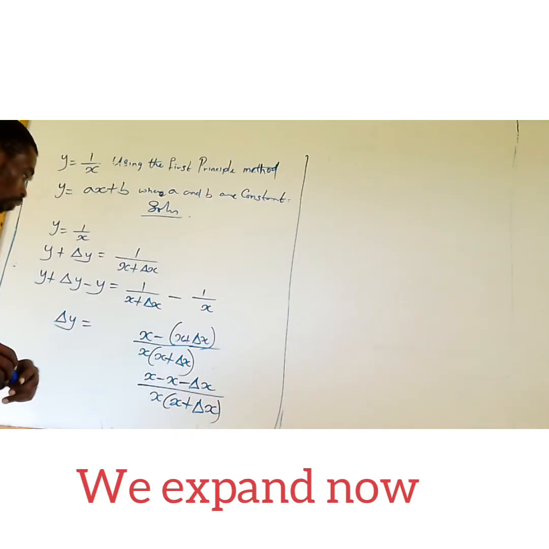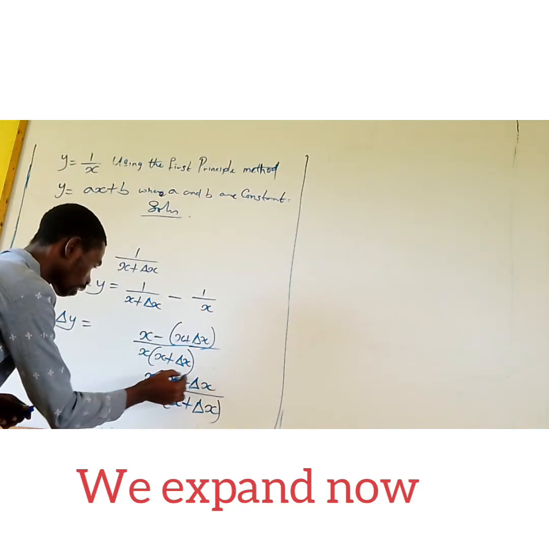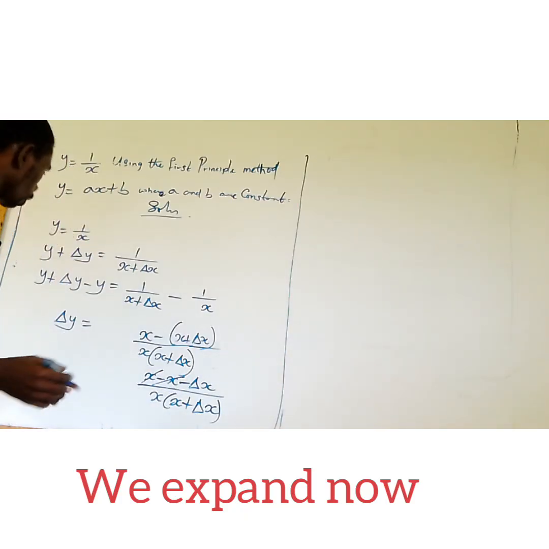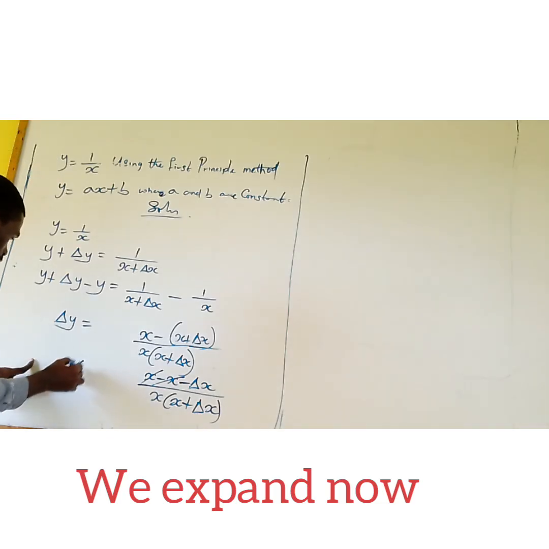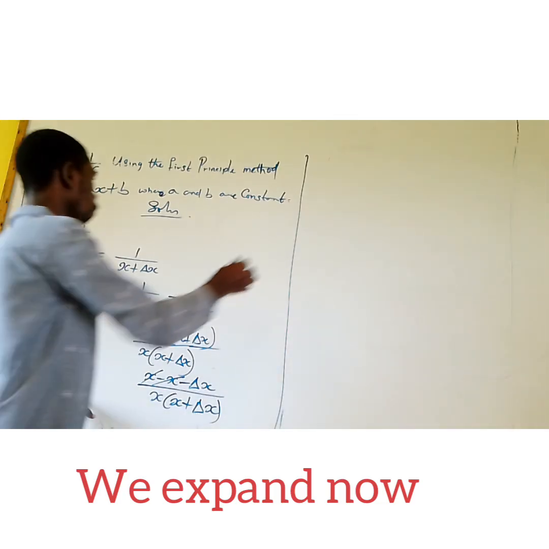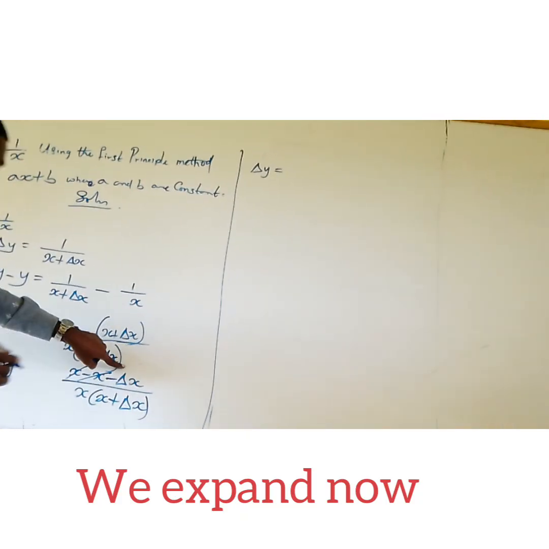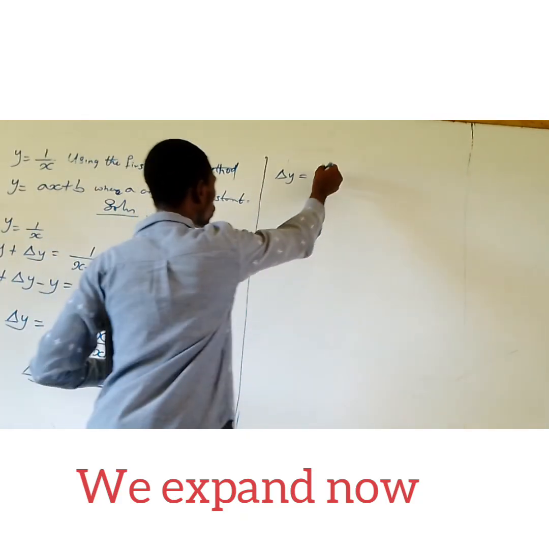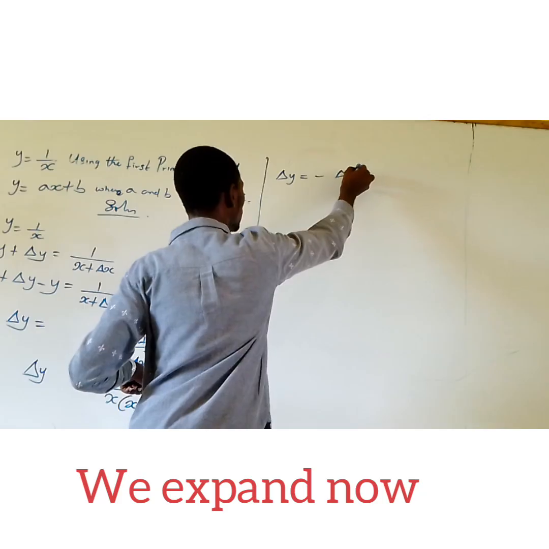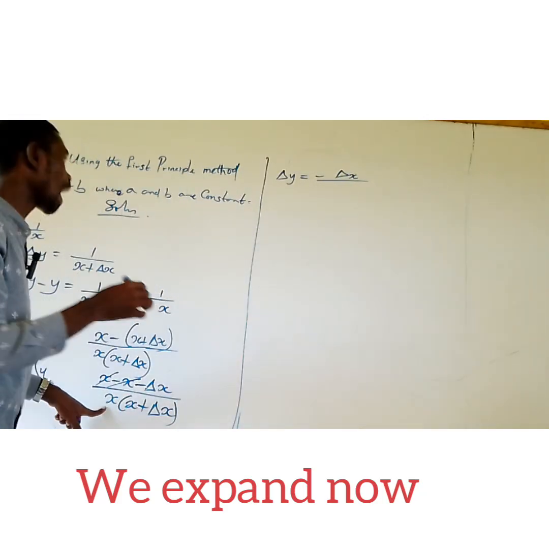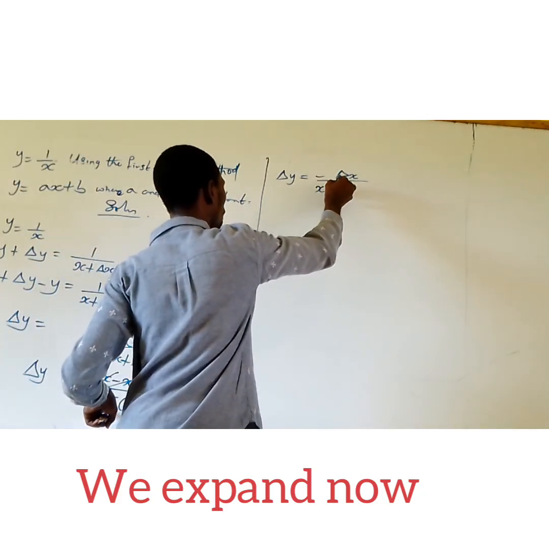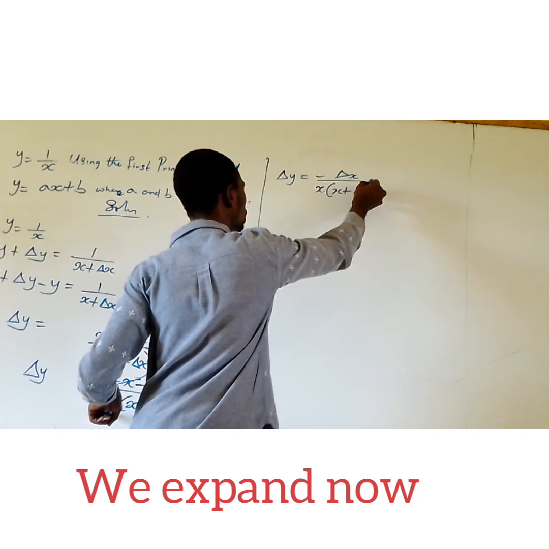Alright, so minus times plus is minus. So here x cancels minus x. We are still in change in y. Now we have change in y equals, we are left with delta x minus delta x here. So we have minus change in x over x into x plus change in x.